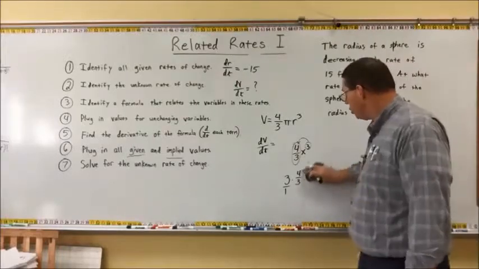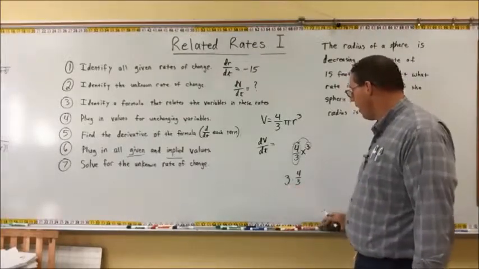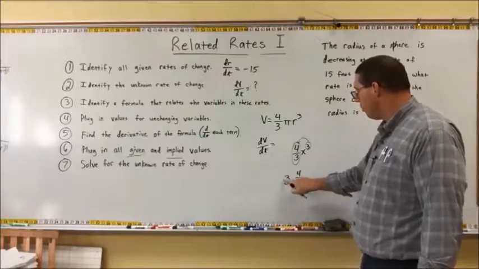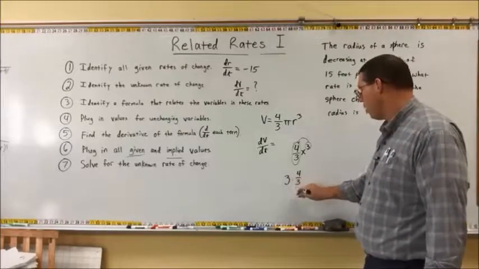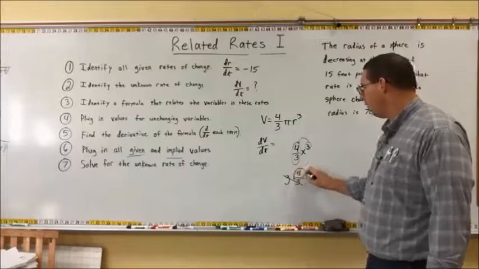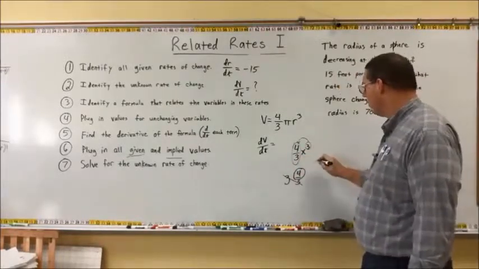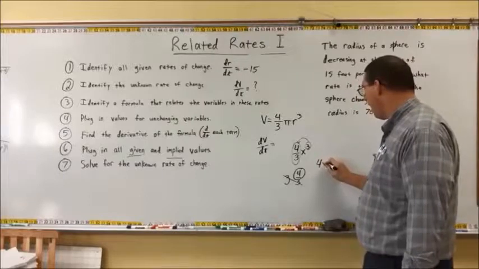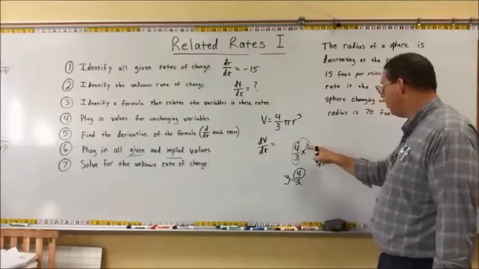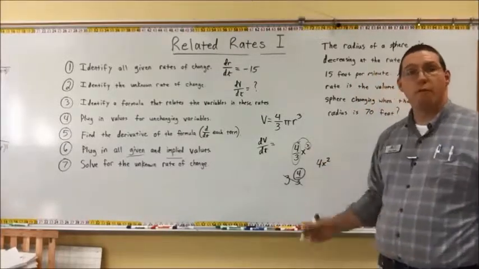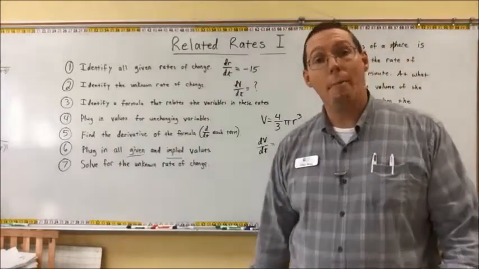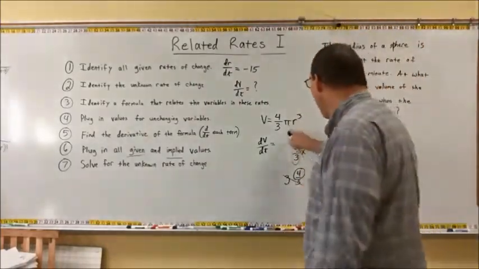Or we could just cancel the denominator. See this? When you multiply 3 times 4 over 3, we can cancel the denominator, and all we have left is 4. So the derivative of 4/3 x to the third is 4x, and then reduce the power by 1 from 3 down to 2. It's 4x squared. Now imagine that there is a pi in there.